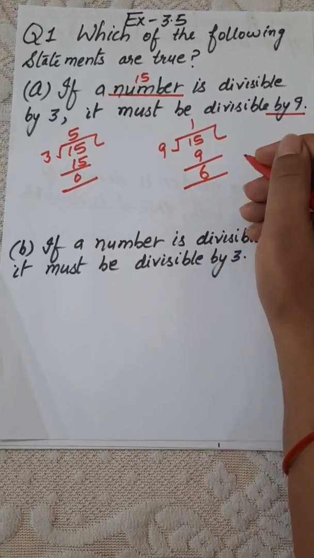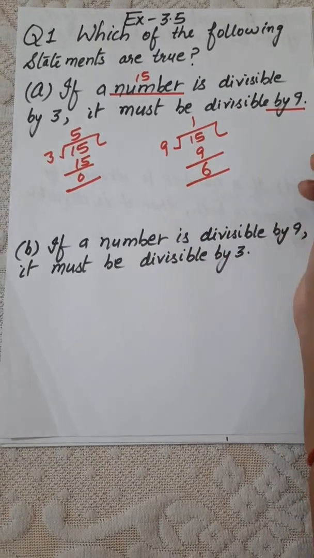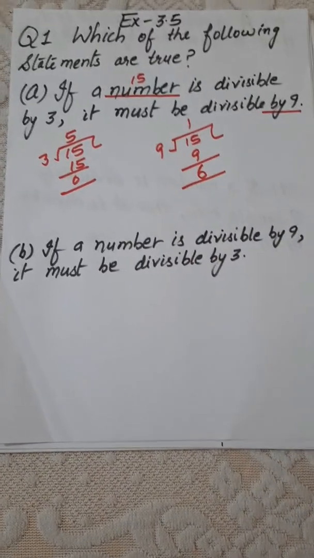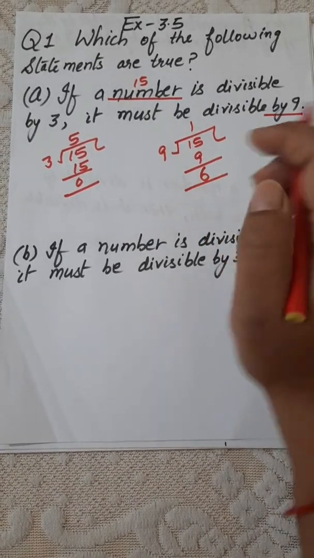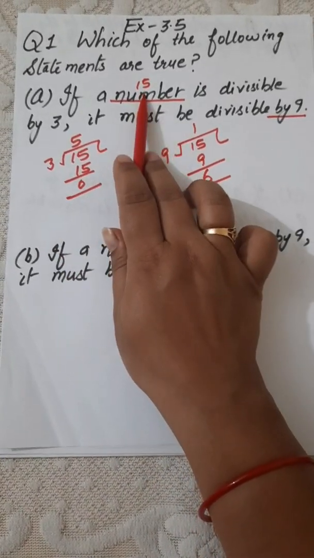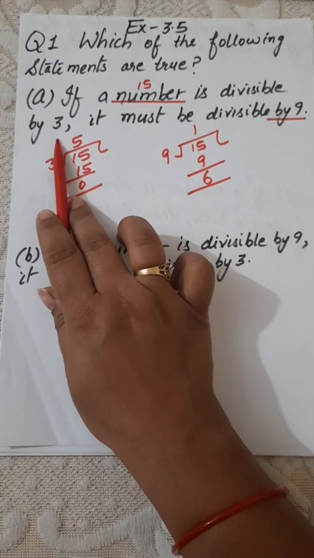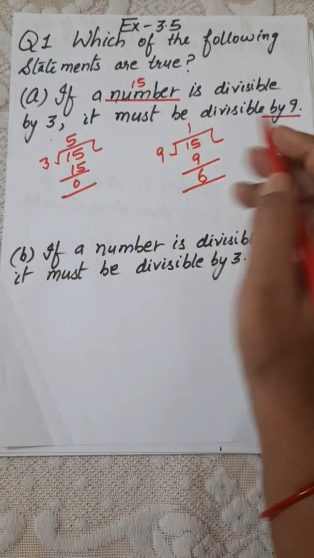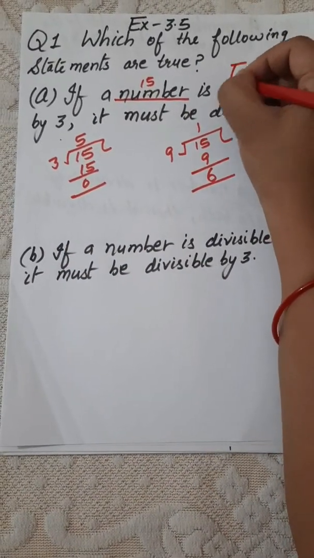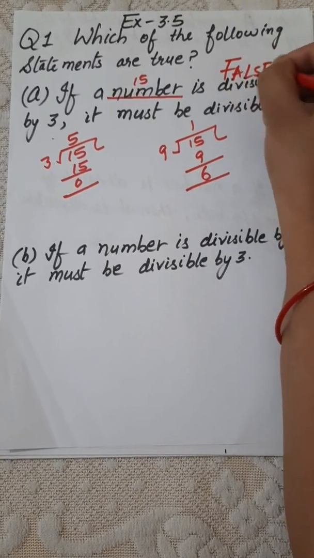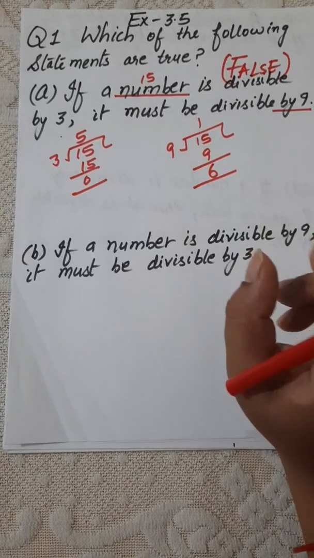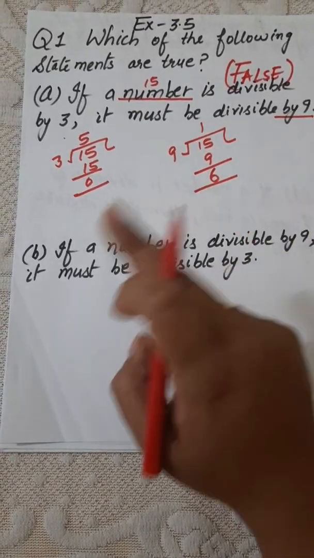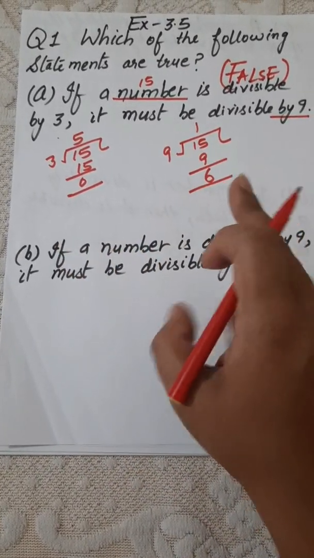So it is not necessary that if the number is divisible by 3, then it must be divisible by its multiple. According to the rule, if the number is divisible by 3, then this number is also divisible by the factors of 3, not the multiples of 3. So this statement is false, because according to the first rule, if the number is divisible by 3, then it must be divisible by its factors.